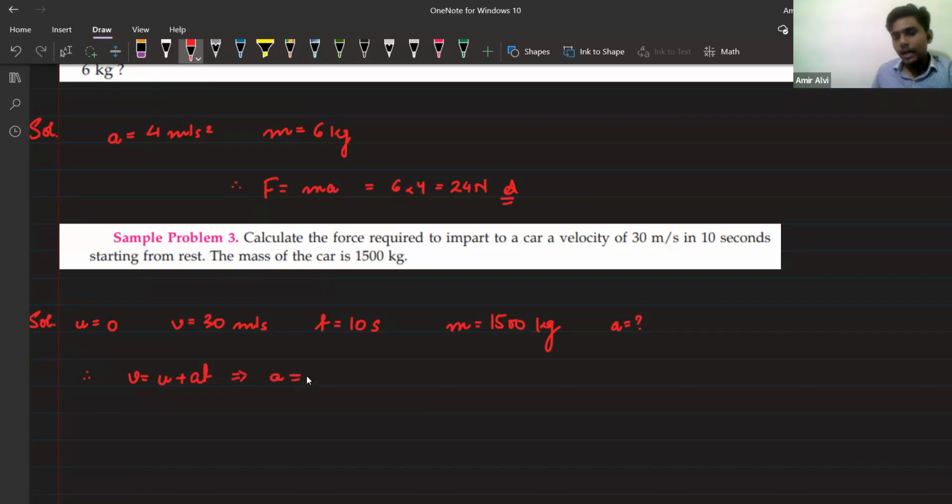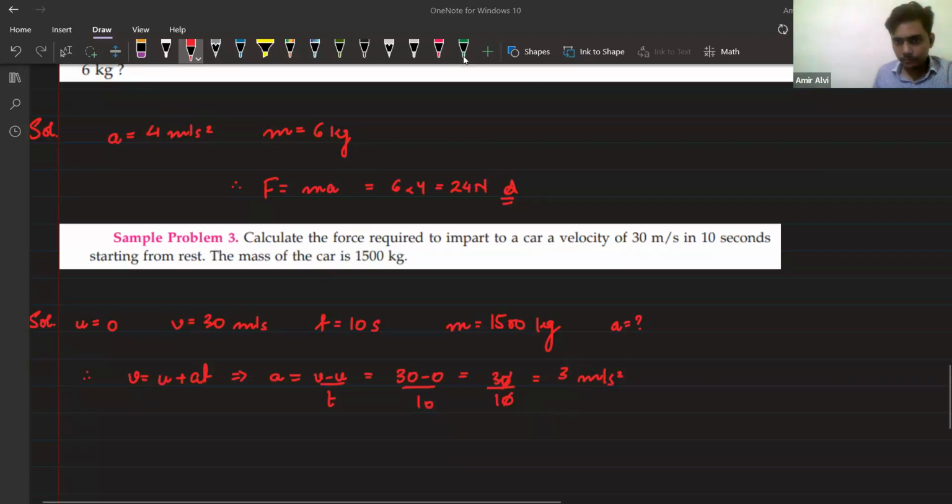Yes, sir. So acceleration would be (v minus u) by t, that is 30 minus 0 divided by 10. So this is 30 by 10, which comes out to be 3 meter per second square. Is this clear to all of you? Yes, sir. Okay, very good.